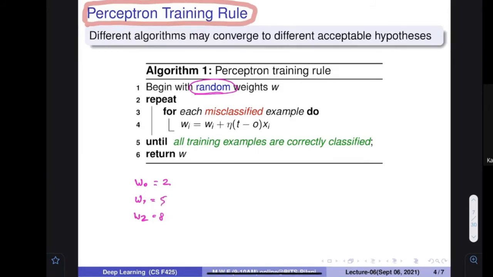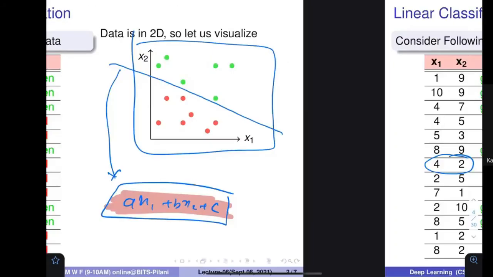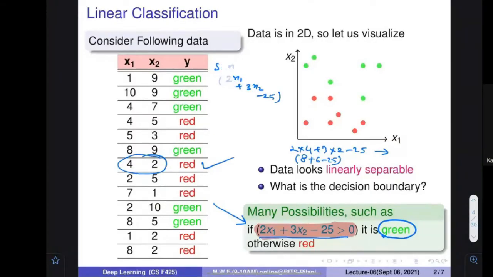Then it says, for each misclassified example. Oh my God, what is this misclassified example? Let us see what this equation is. This equation is 5x1 plus 8x2 plus 2. Okay, with these parameters, this is the equation. So these are the points to me.